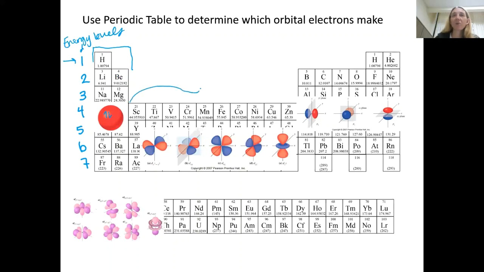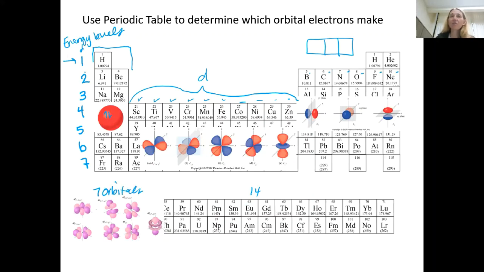Okay, these represent my d's. There's 5 orbitals, and so there's actually 10 boxes right here. 1, 2, 3, 4, 5, 6, 7, 8, 9, 10. And then here's my p orbitals, and there's 3 orbitals. And there's 1, 2, 3, 4, 5, 6. Okay. And then my f orbitals down here, there's 14, and there's 7 orbitals.